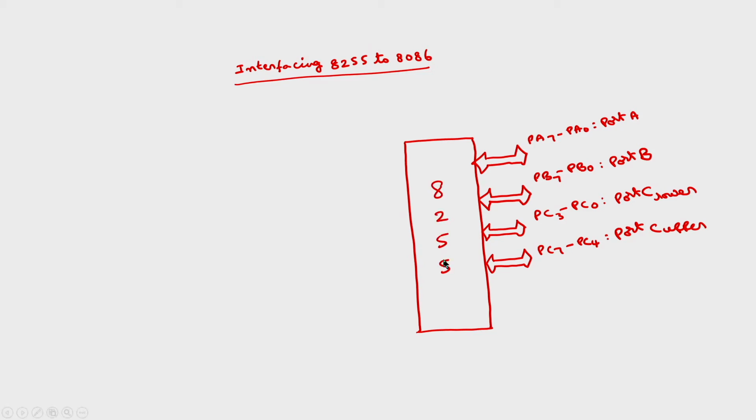In addition to this, we have read bar signal, write bar signal. Then we have chip select bar signal. Chip select is an active low signal. Then we have A1, A0. So this A1, A0 has to be connected to the A1, A0 of 8086.